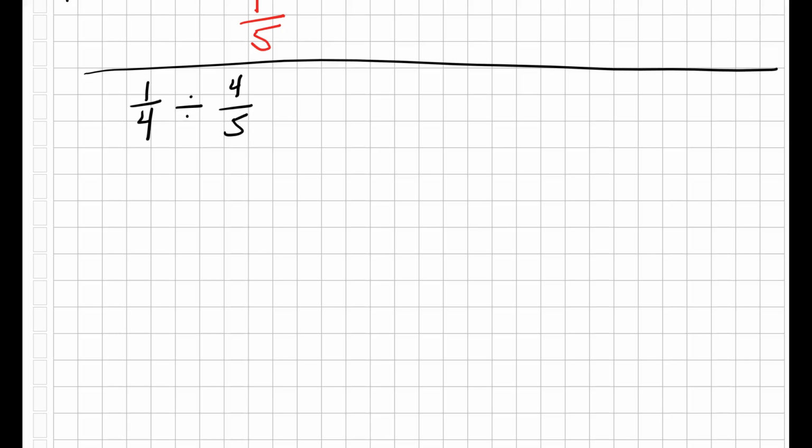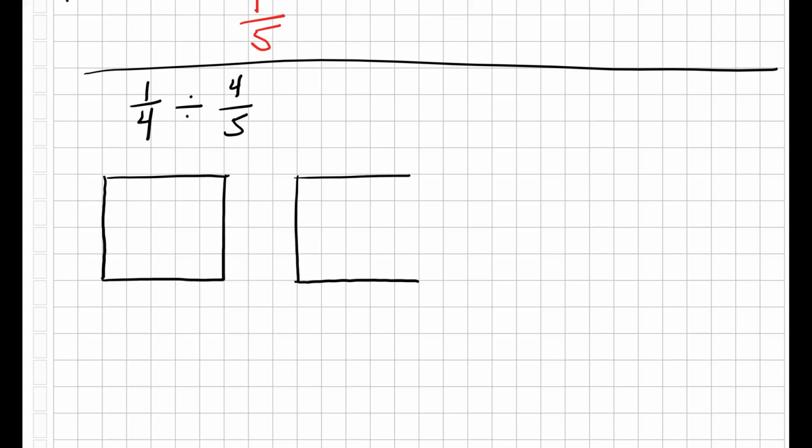Now, since our dividend and divisor are the same numbers we had in the first example, we're going to use the same 4 by 5 grid that we used before. Although this time our dividend is 1/4 and our divisor is 4/5.